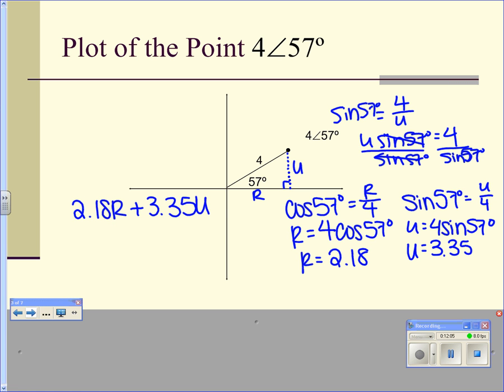Sometimes it'll say change it into polar coordinates or change it into rectangular coordinates. This is rectangular and that's polar. If it gives you that and says to change it, it means to change it into the r and u. You go from that to that.